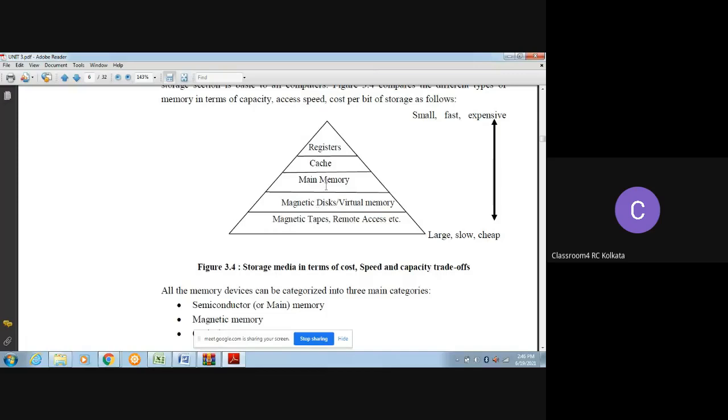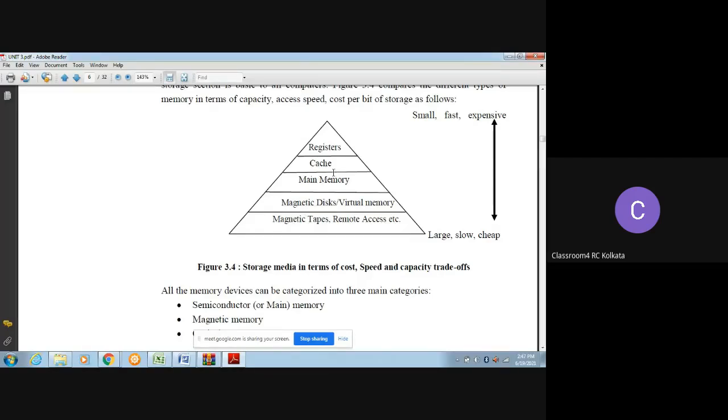In the RAM, the data stored is totally temporary, and if you want to keep it in your hard disk, then it should be saved into the hard disk. So the hard disk, that means magnetic disk auxiliary memory, is very large in size, but its speed compared to your main memory is very slow.